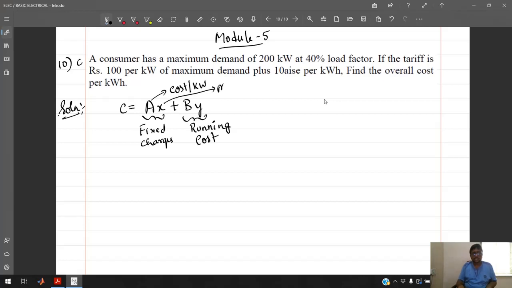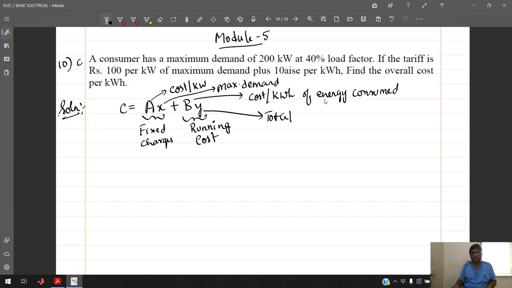X is the maximum demand. Similarly, B is the cost per kilowatt hour of the energy consumed, and Y is the total units of energy consumed. If you remember these things, then the problem becomes very easy for you.